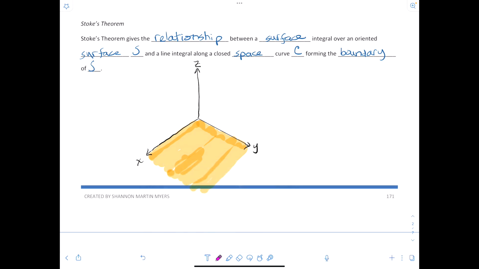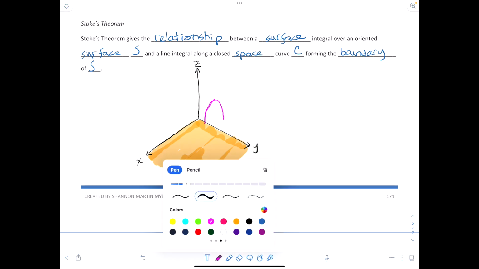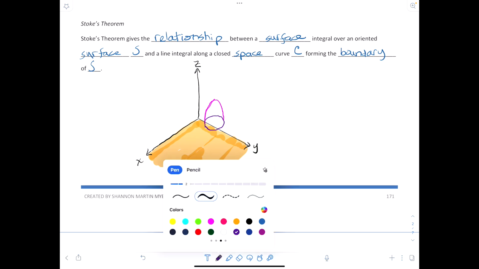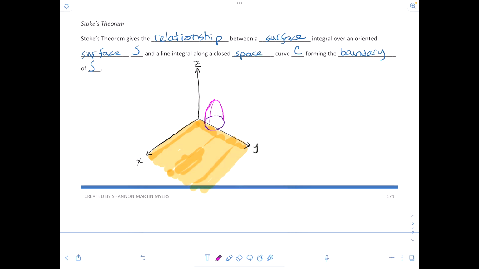So we had some kind of parabolic surface, and we had that region, that boundary of the surface. By the way, it doesn't have to be circular, just doing that to make it easy.